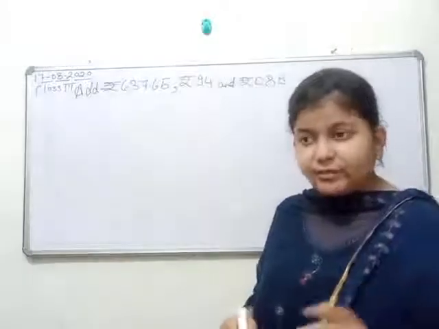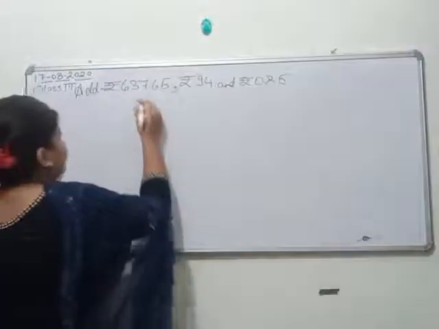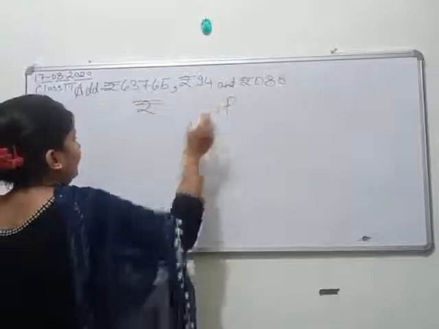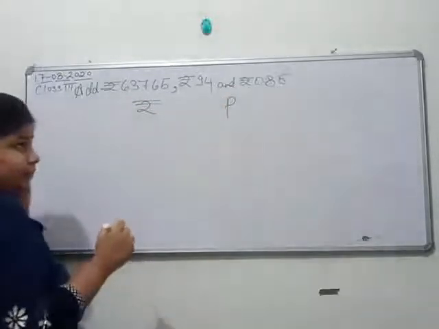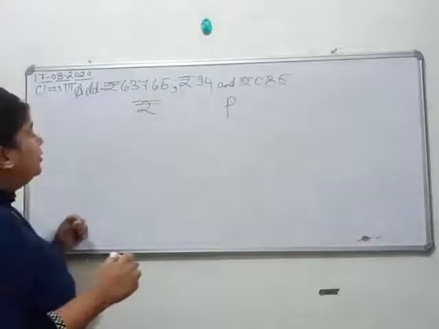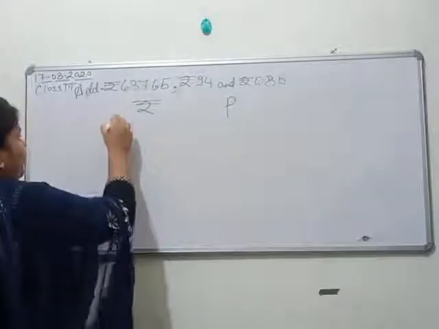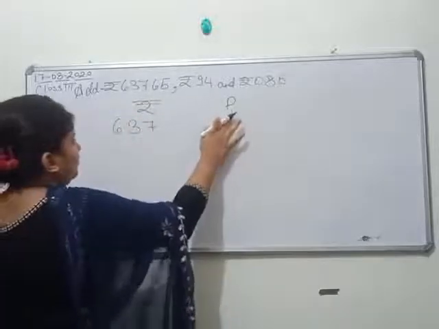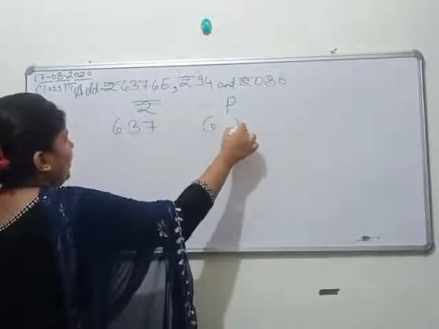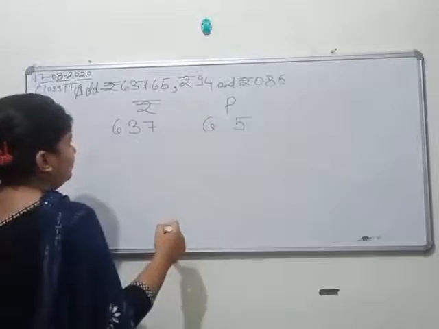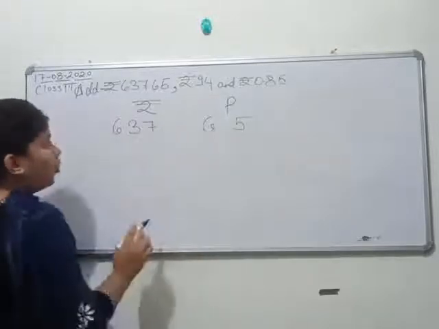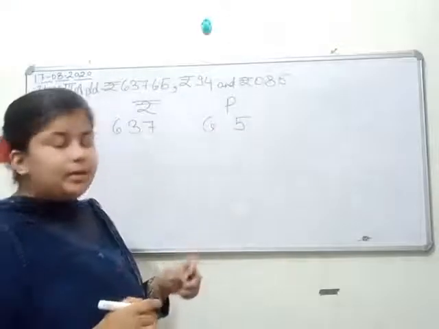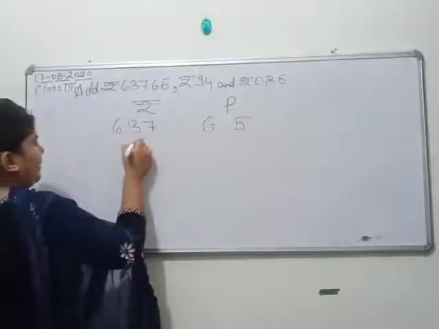The first thing that we have to do is make two columns. One is of rupees and the other one is of paisa. Okay. Now first we will write 637 rupees and 65 paisa. Next we have 94 rupees. So see, in 94 rupees the paisa part is missing.